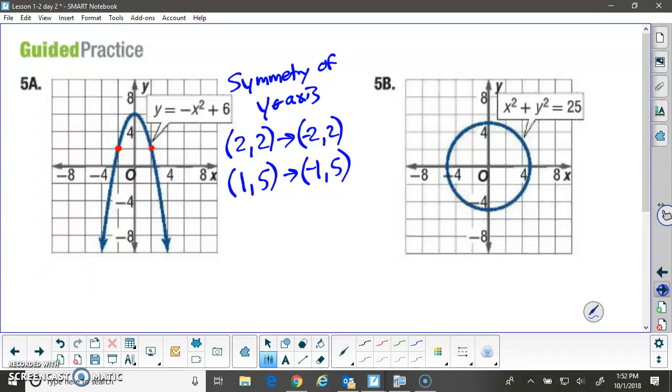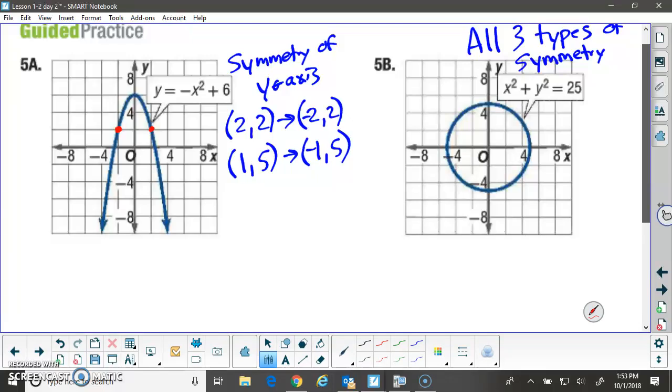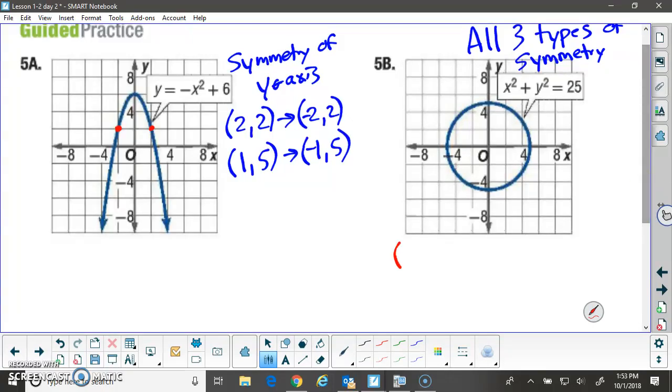Now 5b has all three types of symmetry. And so to confirm this is a little bit more, but let's take a coordinate point such as, let's see here, how about 3, 4. You can see the coordinate point 3, 4 is located right there.